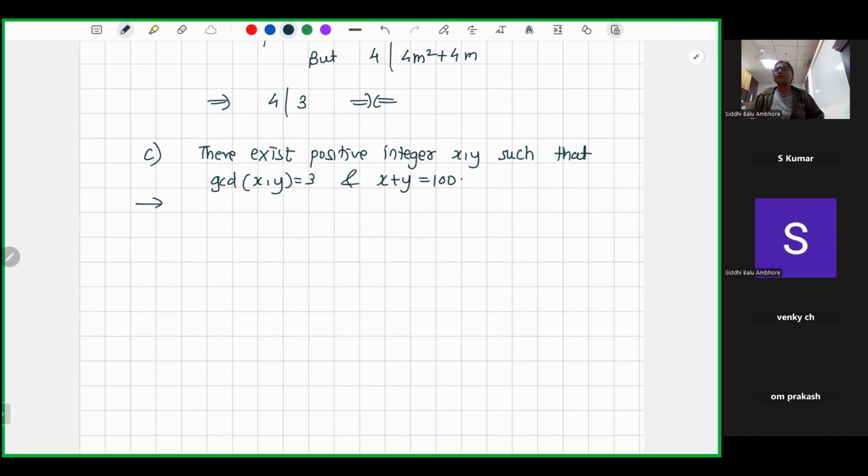What is your guess in this case? Is this true? It's false.